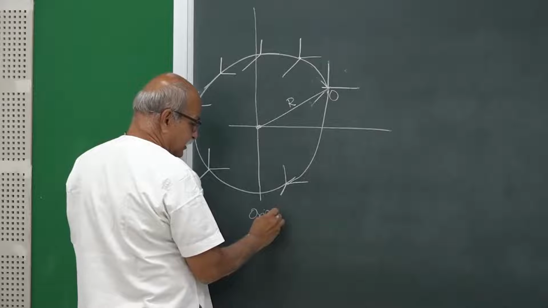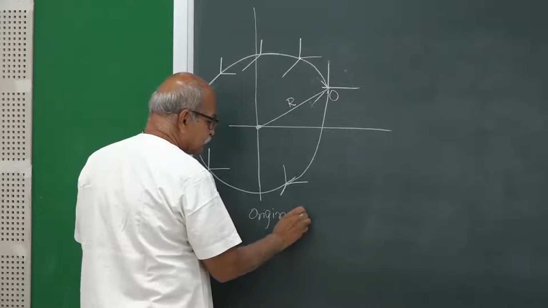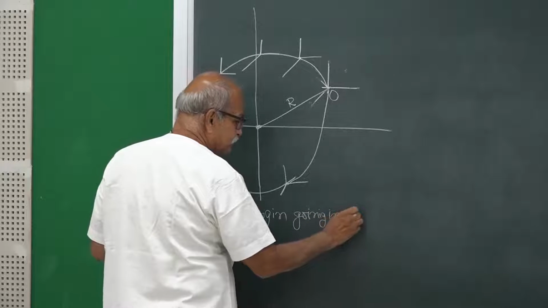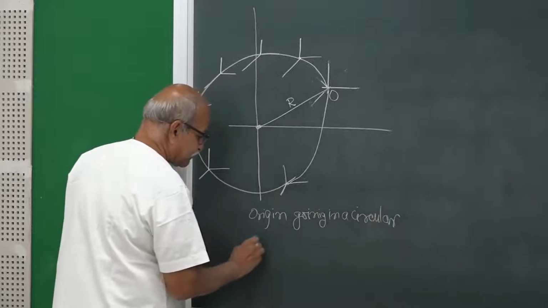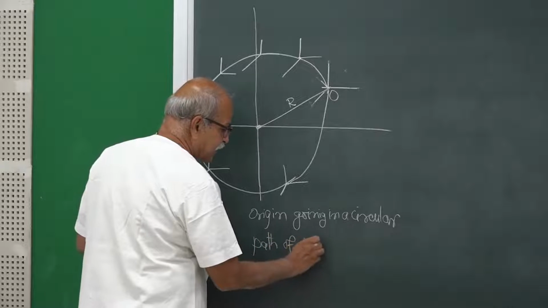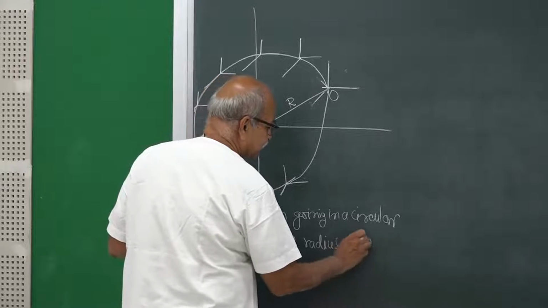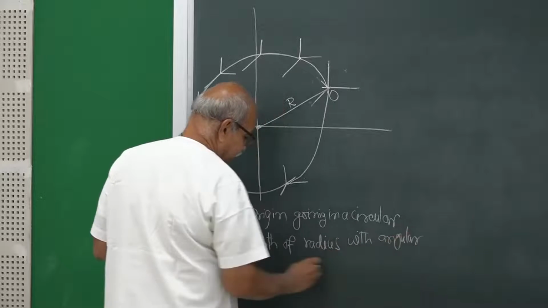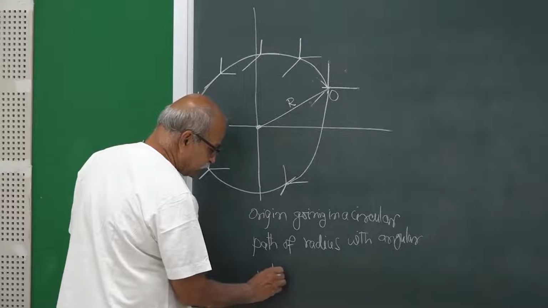So, this origin is going in a circular path of radius capital R, with angular velocity, or angular speed omega.